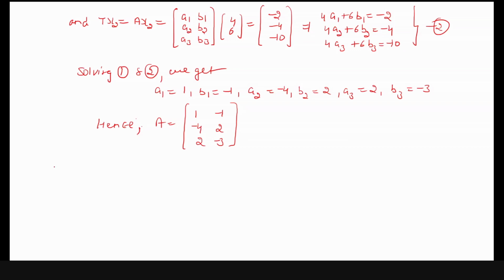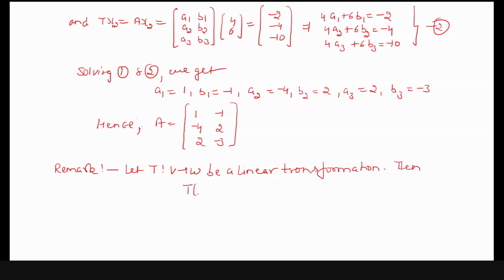Now I will write one remark, or you can say the properties of linear transformations. Let T from V to W be a linear transformation. Then what is T of 0?